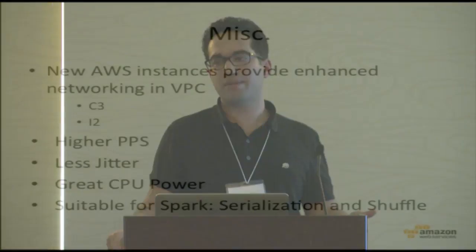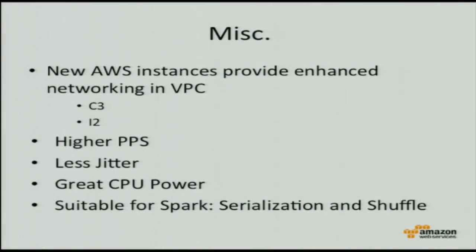Just to give you one more miscellaneous section. It doesn't relate to EMR, it doesn't have to. You can do this without EMR. We've introduced new instance types called C3 instances and I2 instances today. C3 is out already.